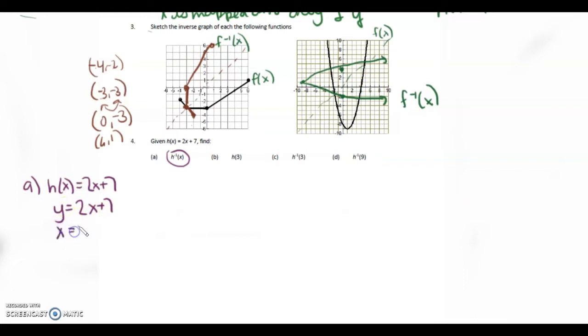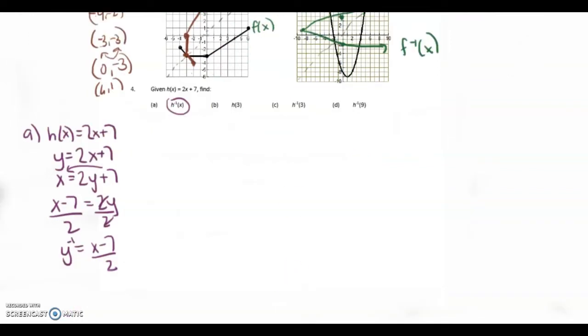So we have x equals 2y plus 7. Now let's rearrange. We'll bring the 7 over, it becomes negative 7, and we divide both sides by 2. So I get y equals x minus 7 over 2, but this is actually y inverse. Then we substitute back in the function notation: h inverse at x equals x minus 7 over 2.